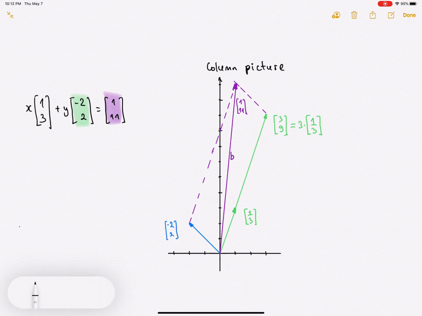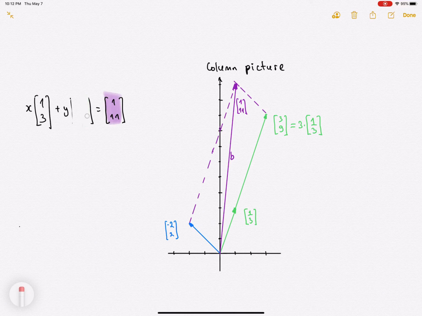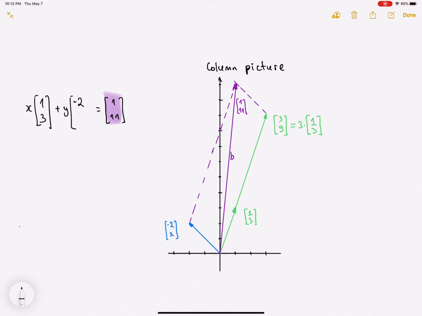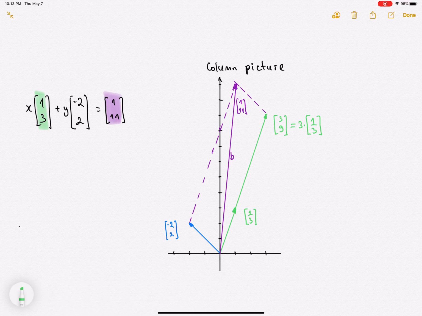I don't want us having any mix-ups. All right, so you see in the picture, the blue vector really corresponds to negative 2, 2, and then the green vector is 1, 3, right there.